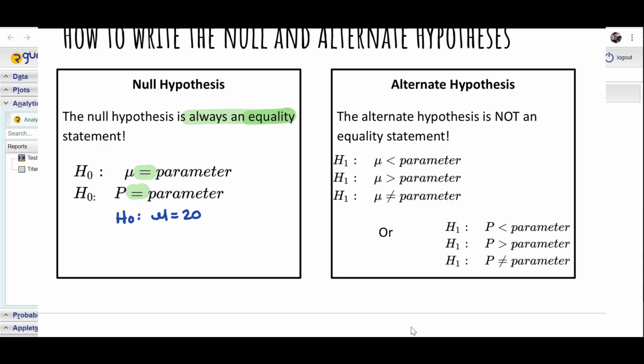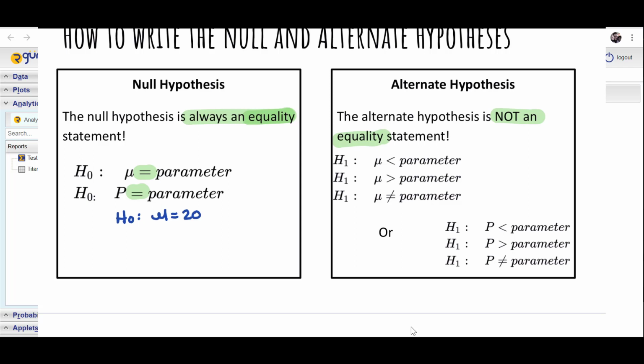And then we have to make the alternate statement. Basically you have three choices. You can do less than, greater than, or not equal to, because it is not an equality statement. It's actually an inequality statement. The number that you use in the alternate hypothesis will be the same number you use in the null hypothesis.